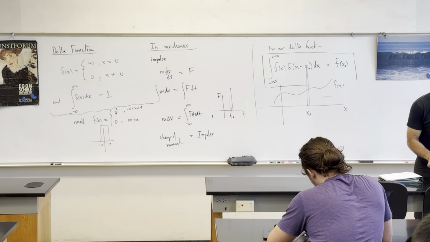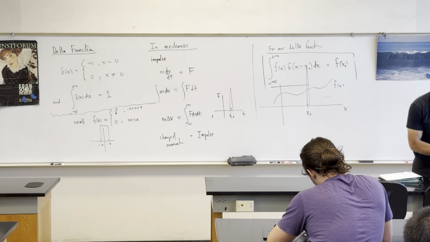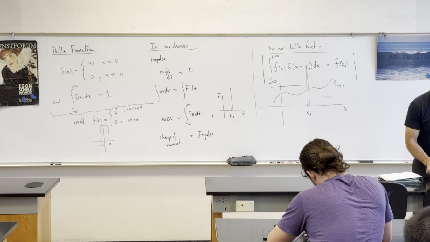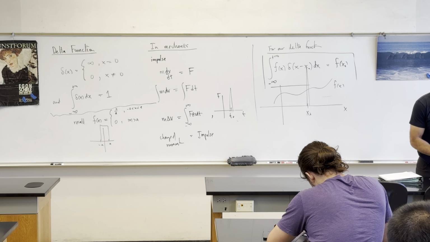I have a list of possible delta functions. This list is probably as good as any. We'll just take this right here. First one, so I'm going to make a list of these.